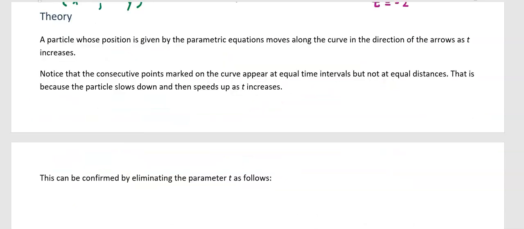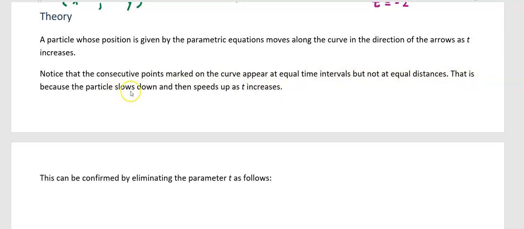So if we were talking about a particle moving along the curve, a particle whose position is given by parametric equations moves along the curve in the direction of the arrows as t increases, which is why we drew the arrows in the prior graph. So it shows that if there was a particle moving, the direction in which it's moving is shown by the arrows. Notice that the consecutive points marked on the curve appear at equal time intervals, but not equal distances.